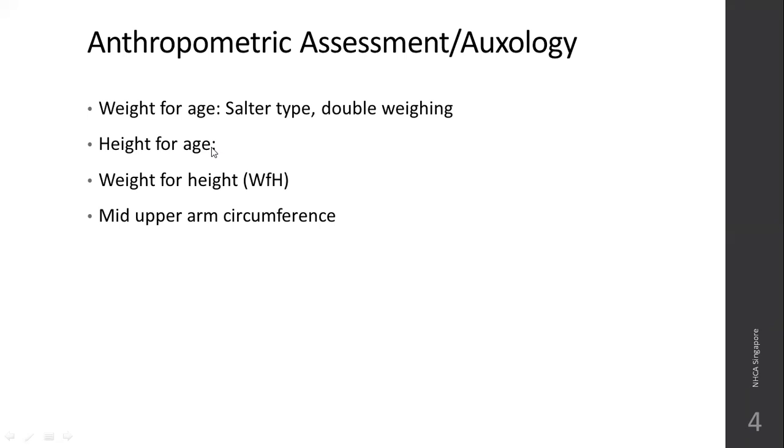And anything less than 11.5 means severe acute malnutrition. So the child will be suffering from kwashiorkor, marasmus, or marasmic kwashiorkor, different types of severe acute malnutrition, if the mid upper arm circumference is less than 11 centimeter.